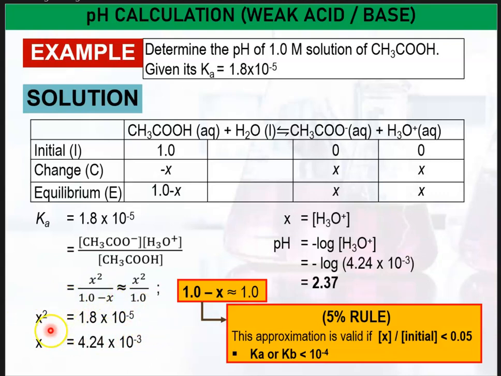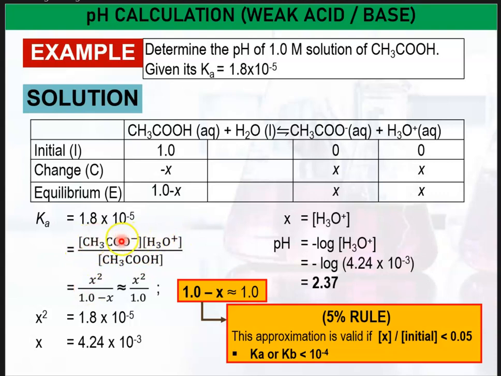So you arrange back this equation. We assume that this is 1, so divided by 1 is not needed.